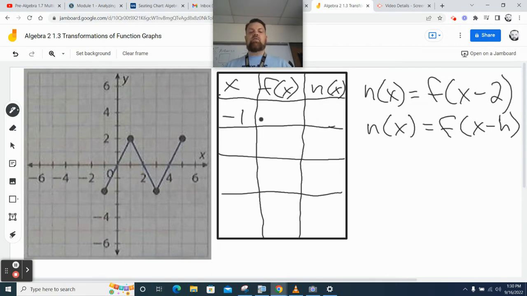So this is -1 comma -2, 1 comma 2, 3 comma -2, and then 5. Oops. Okay.